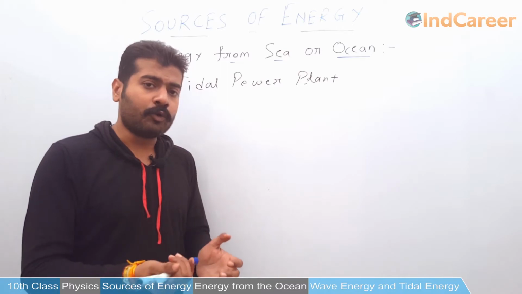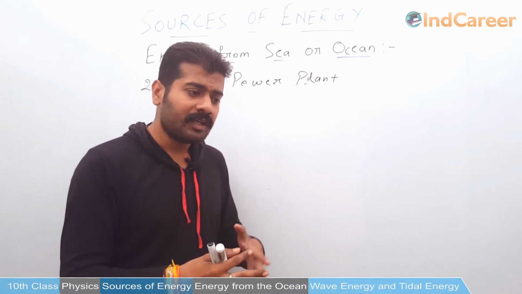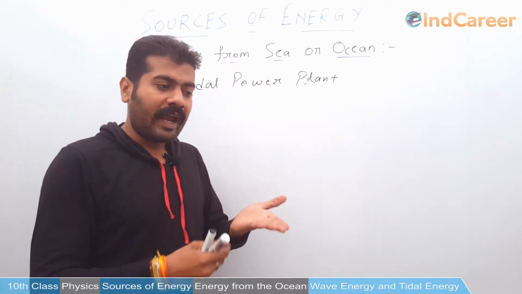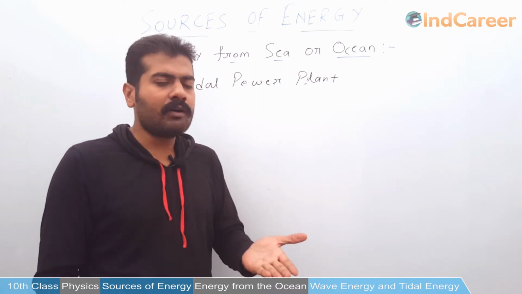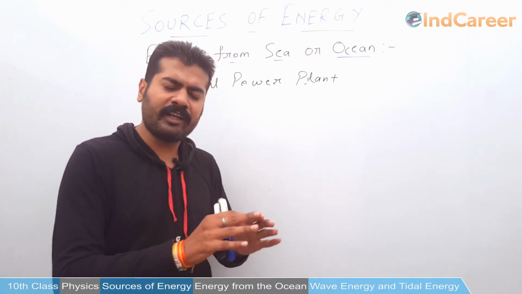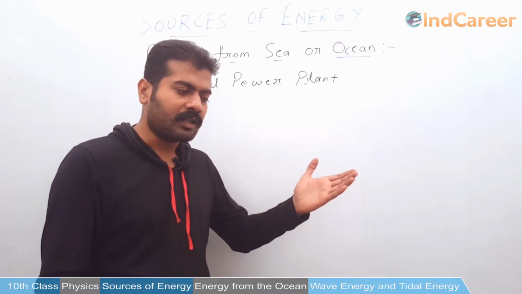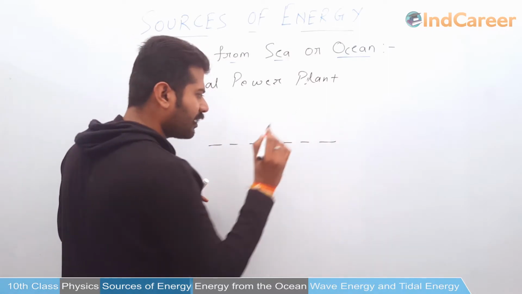When there is a full moon, the level of the ocean rises, and when there is a no moon day, the level of the ocean falls. Suppose this is the normal water level condition.